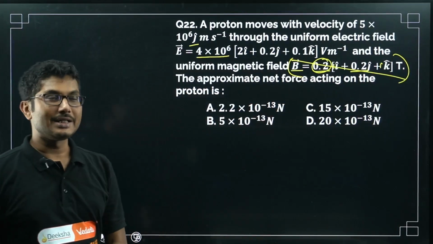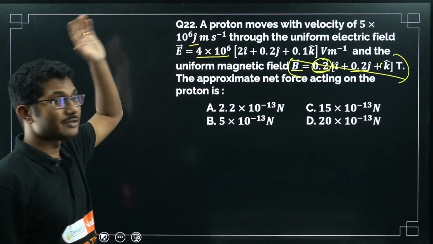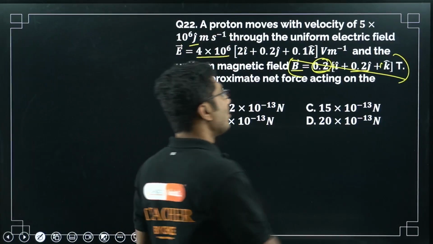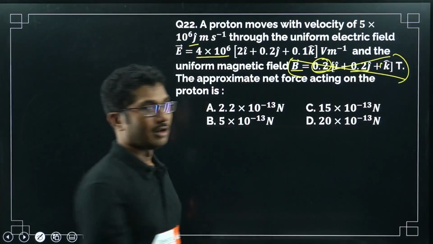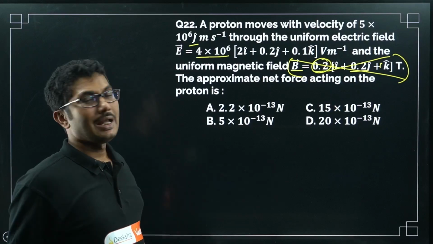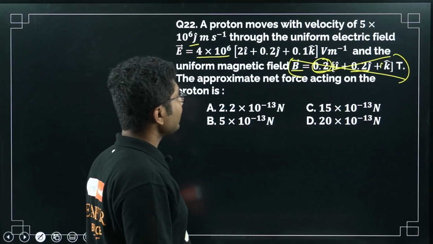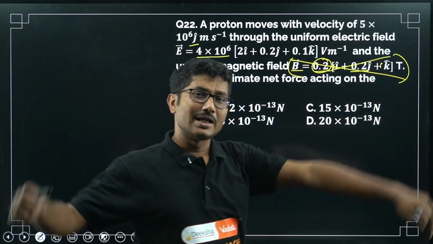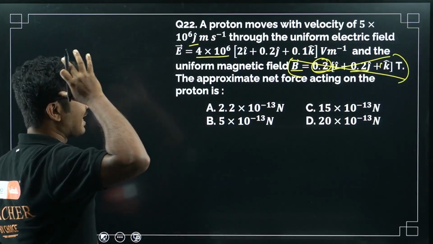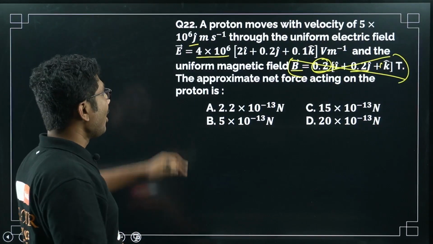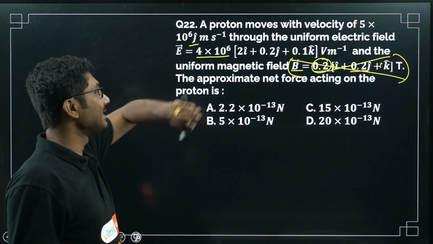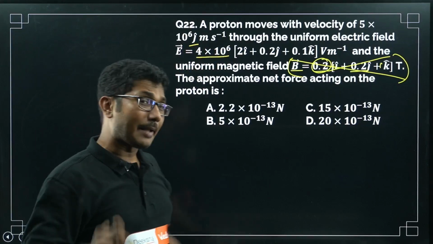If you see there are stark differences between electric and magnetic field, you don't need to consider the magnetic field at all. You can simply ignore that. Even the velocity is very high, you can simply ignore the magnetic field in this case. The only thing you have to consider is the electric field, because it is an approximation method.